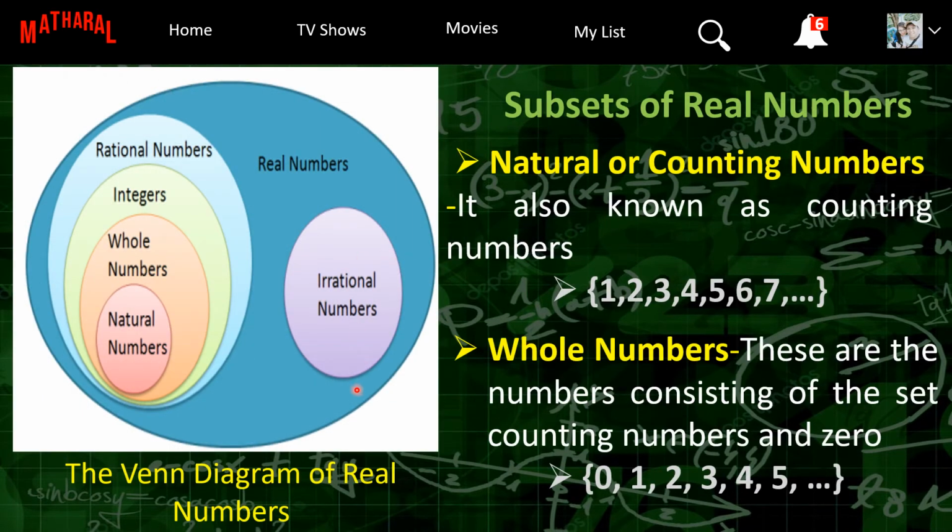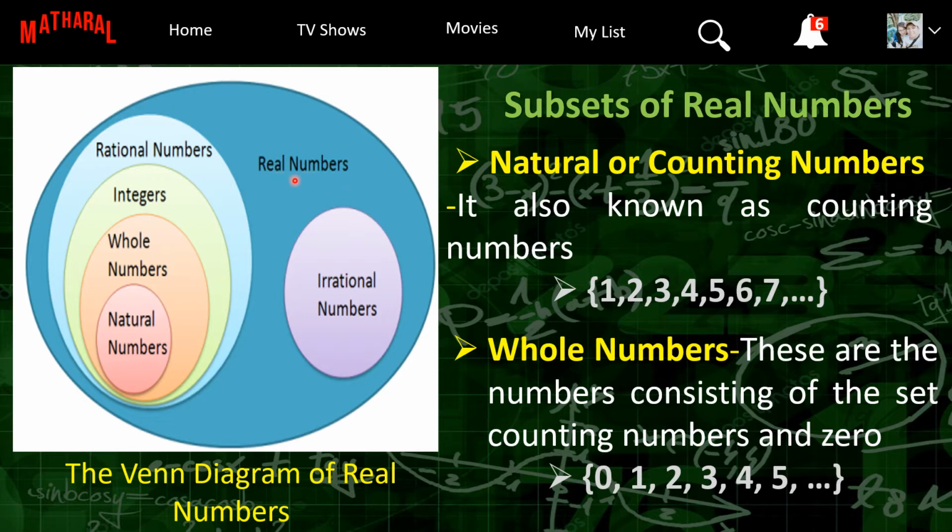So, in this part, you've seen a Venn diagram on your screen. We're done on studying about Venn diagram, but we're going to use the concepts of Venn diagram to represent real numbers. The big one circle is real number.